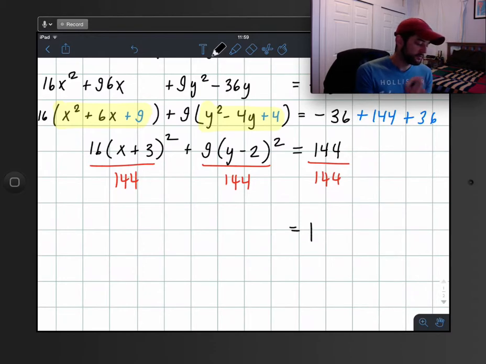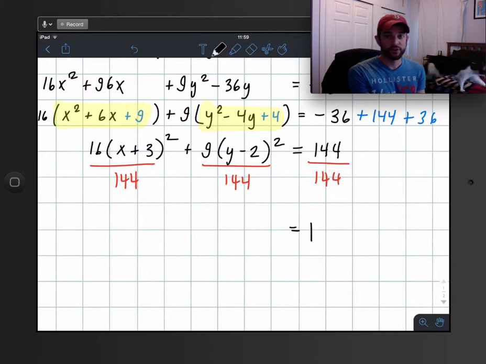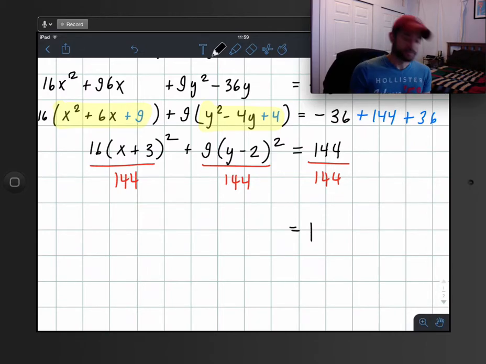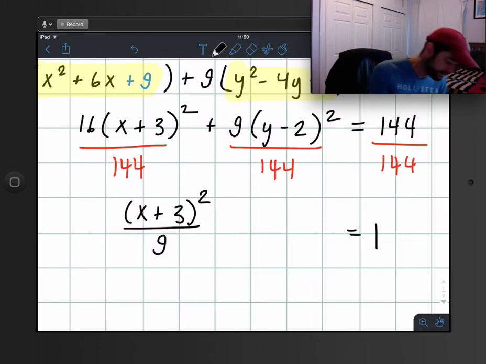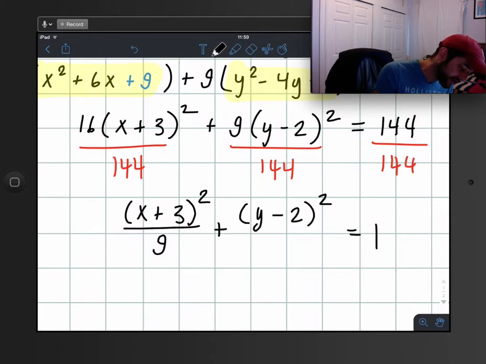And if we look at the first term on the left, we have a 16 in the numerator, we have a 144 in the denominator. 16 goes into 144 9 times. So we have x plus 3 squared over 144 divided by 16, which is 9. And then we have y minus 2 squared over 144 divided by 9, which is 16.